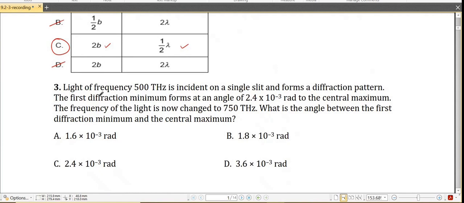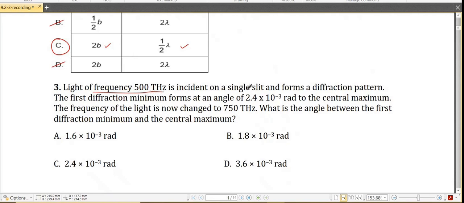Let's look at the next question. Light of frequency 500 terahertz. Now, here there is a catch or a tricky point. Usually when we discuss diffraction, all the concepts are talking with respect to wavelength, but here it is with respect to frequency.